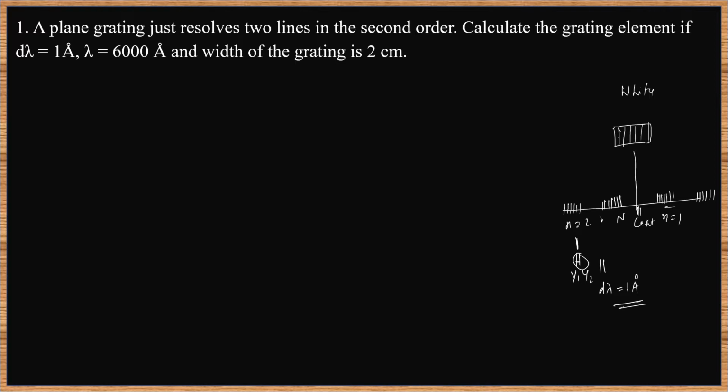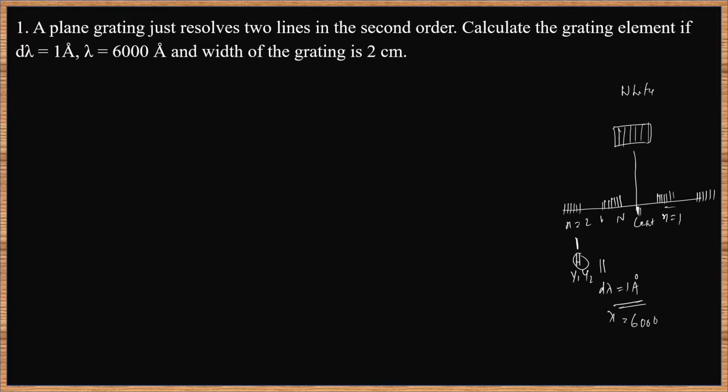Orange is around 580 to 600, and from 600 you can see the red color. So yes, lambda is equal to 6000. So we can write those things.